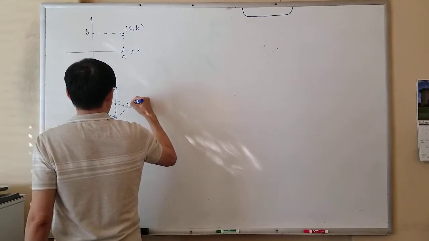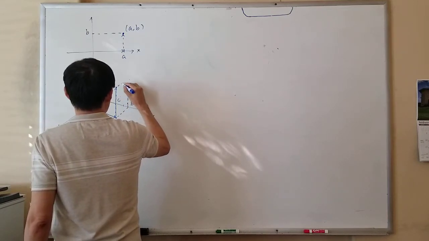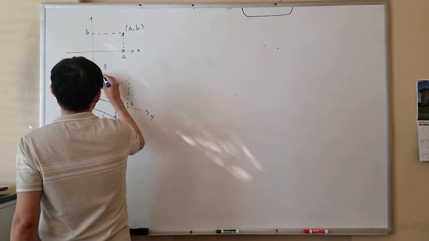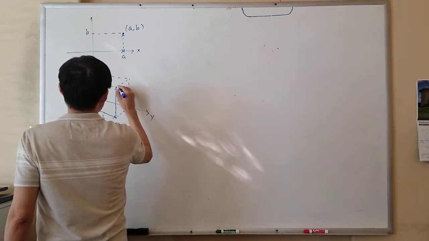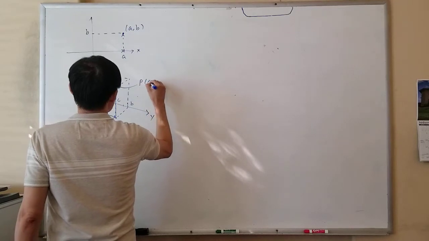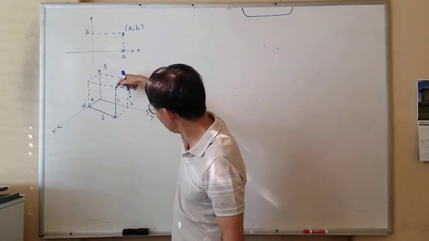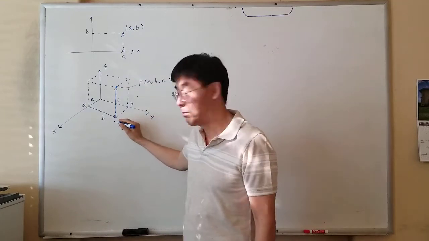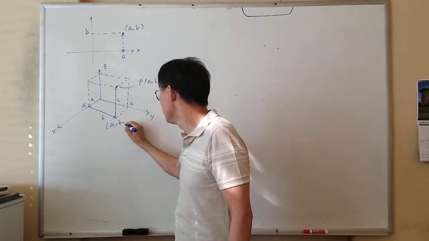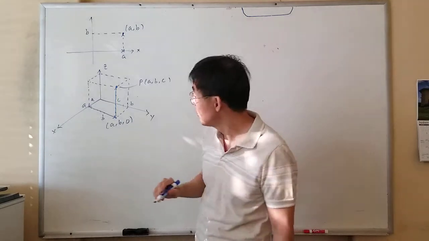Point (A, B, C). The projection point of this point onto the xy plane will be (A, B, 0), with z coordinate 0.